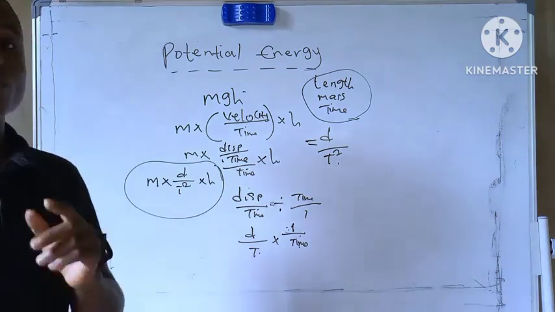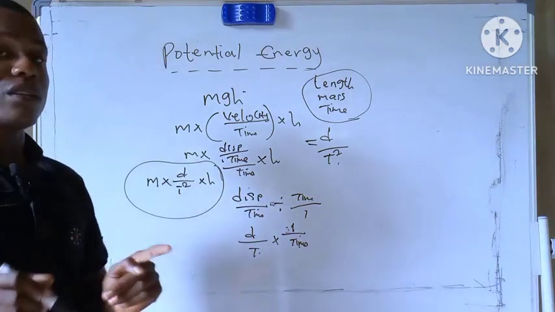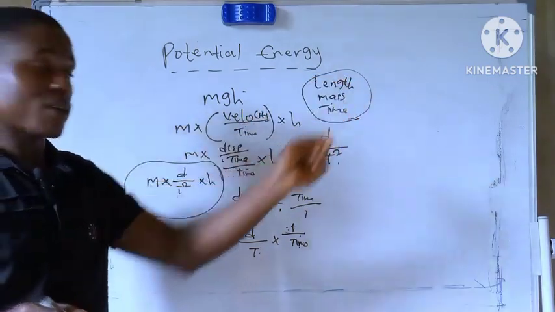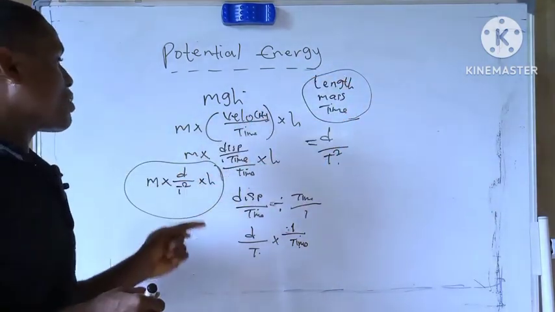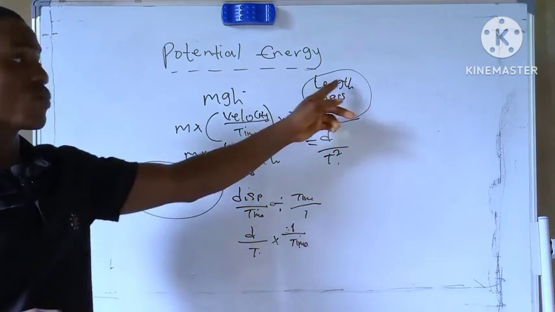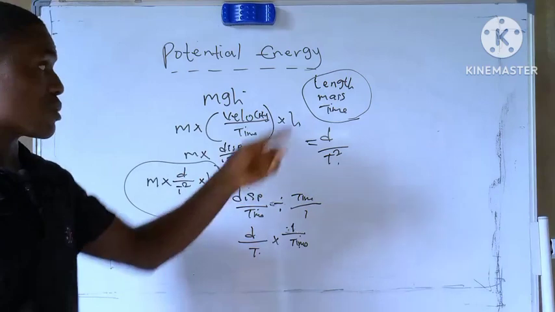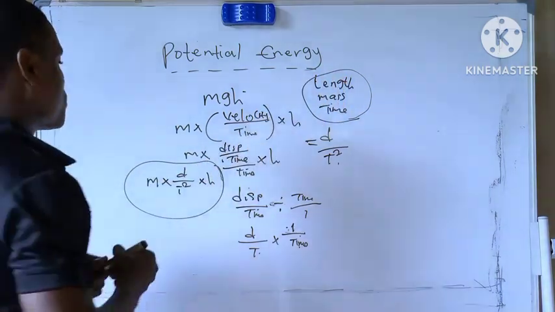So what we need to do here is to change everything in order to align or correspond with these three quantities. Are you getting it? So in the place of displacement, we can represent displacement as length. Also, in the place of height, we can represent it as length.